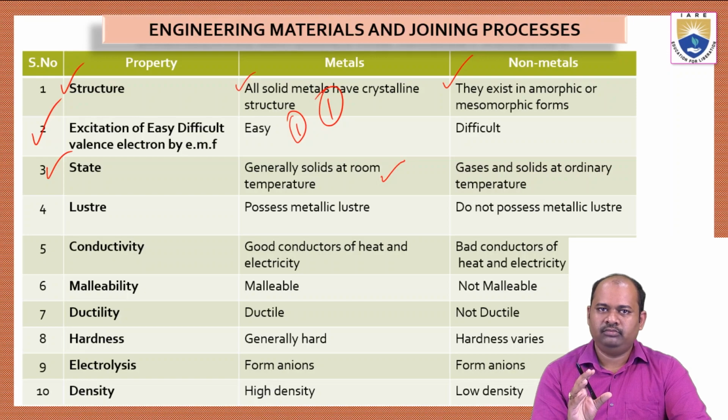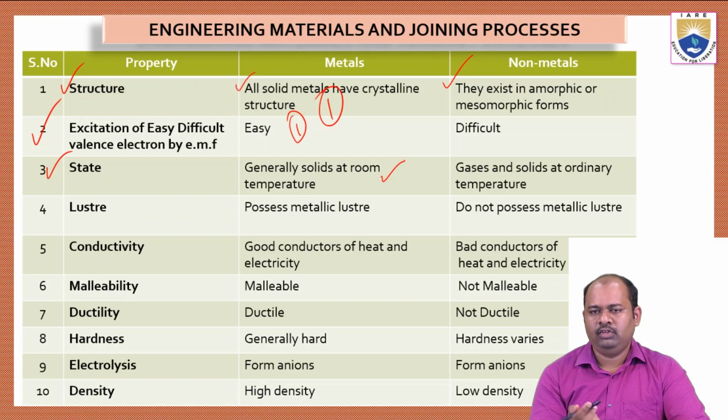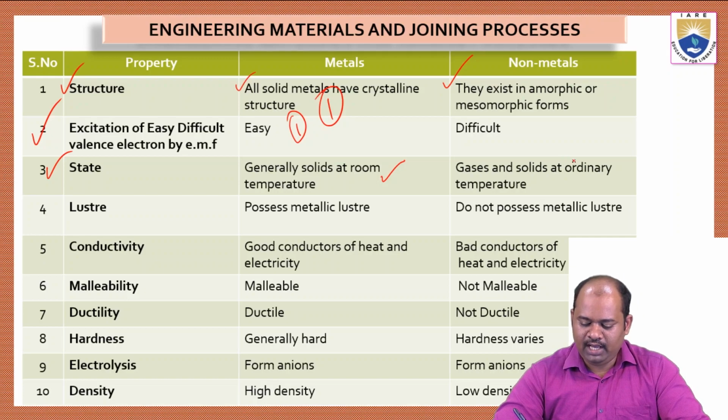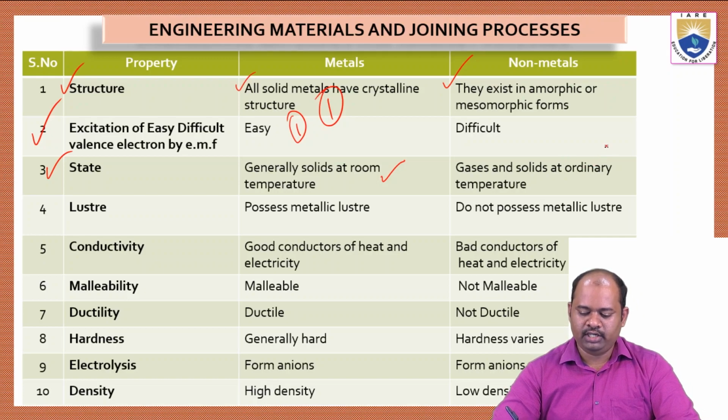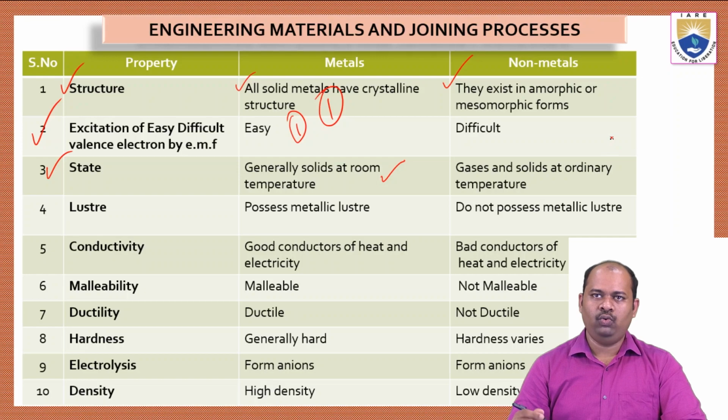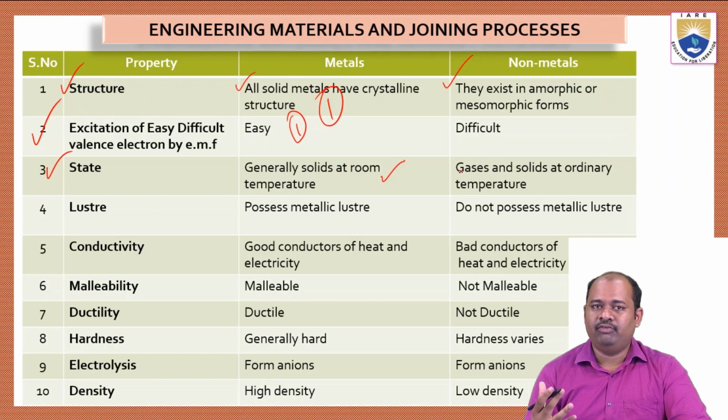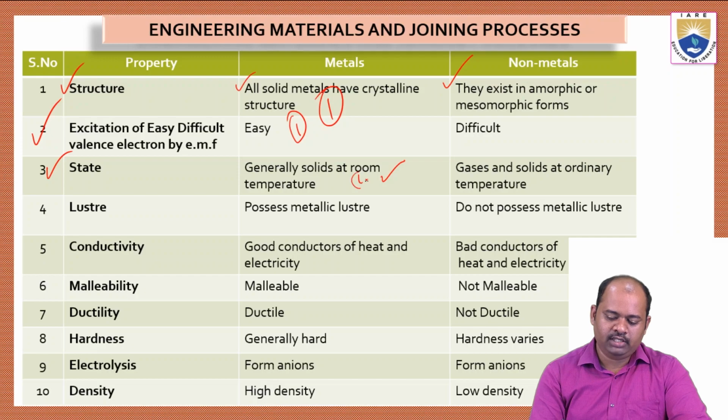They can be easily identified and they can carry a good amount of load. Whereas non-metals are gases and solids at ordinary temperature. Most of the non-metals are in the form of gas or solids at room temperature. Again, metals have got another point because generally they are solids.